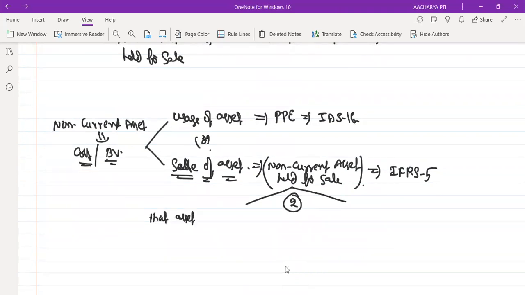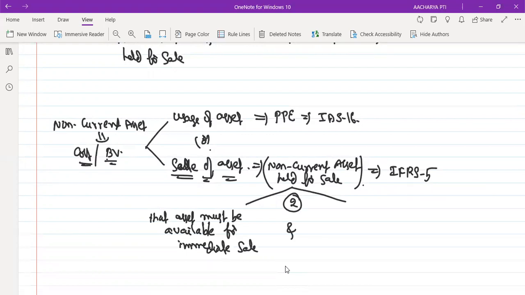That means, in its present condition, we are going to sell the respective asset. And another one is that the sale must be highly probable.